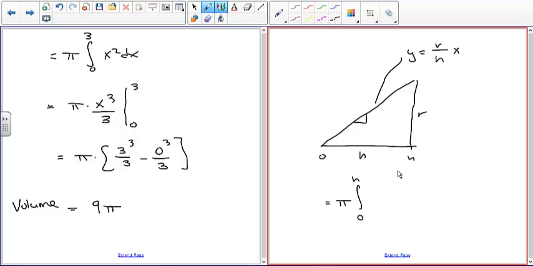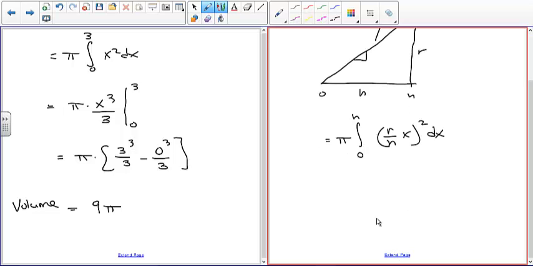Okay, so that's the value of the function. It's not just a 45-degree line. It depends upon the ratio of r and h. So instead of having x squared here, we're going to have r over h times x, squared, dx. Okay. So that's the difference.